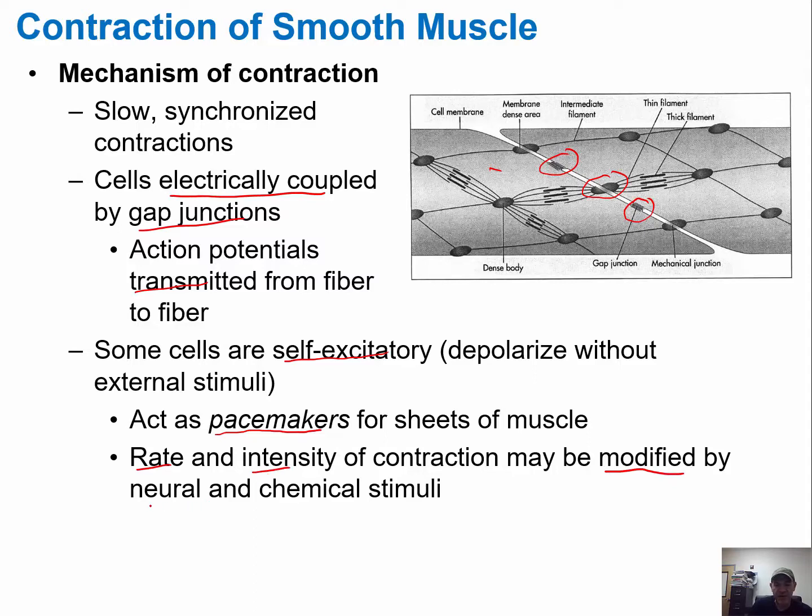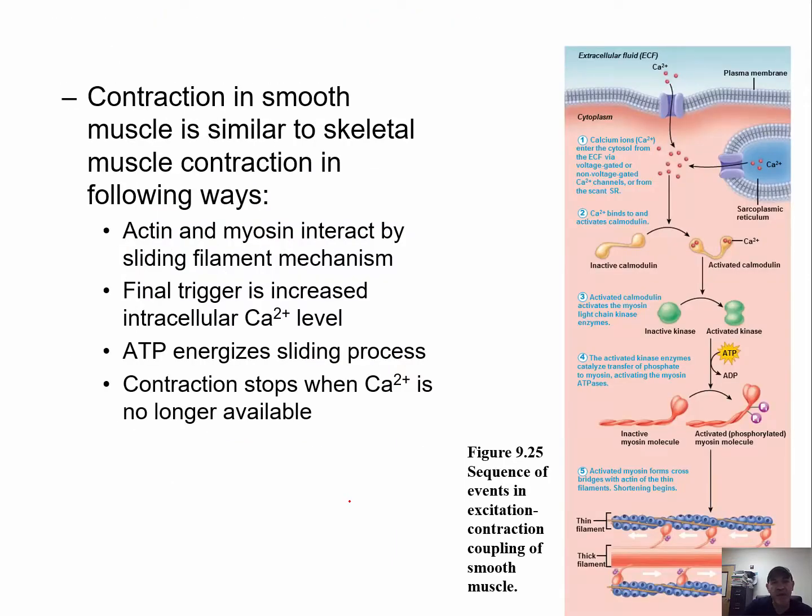And this can be modified with input from neural and chemical stimuli. So a nerve fiber can modify the rate at which these sheets of muscle contract, and in a sense is modifying the rate at which the pacemakers are depolarizing and repolarizing.